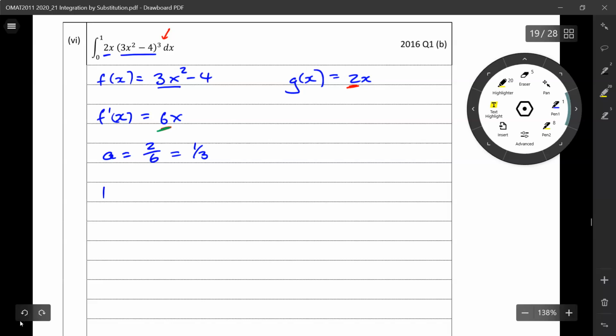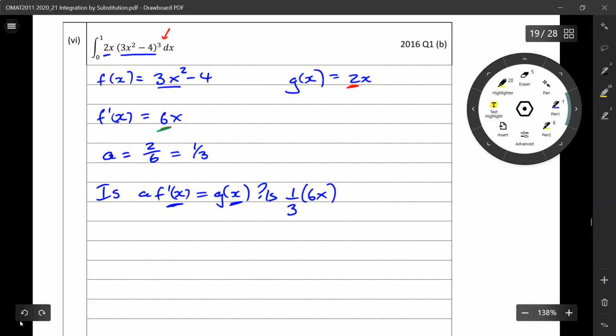And then the question is, is a times the first derivative equal to g of x? So is the first derivative of the bigger function a multiple of the smaller function within the product? And our answer here is 1/3 times 6x.